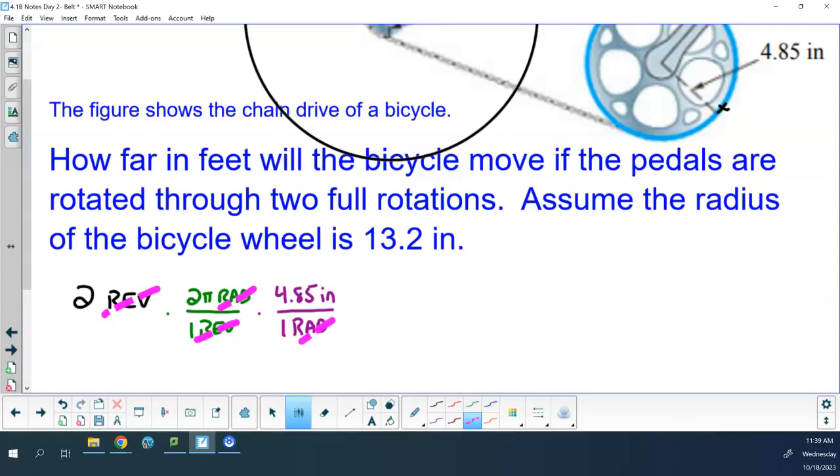So what do we have now? Inches of what? Where are we now in our diagram? We're at a distance. What distance?